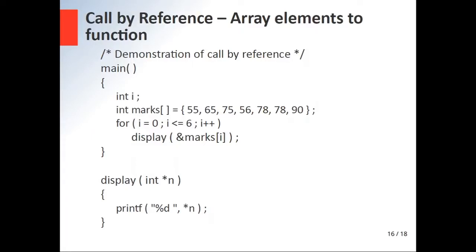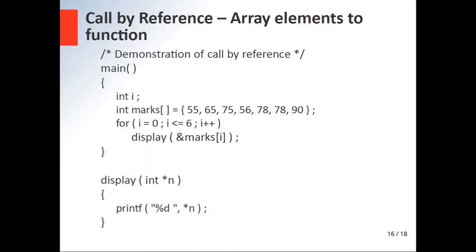If the value of i is 2, then it calls the display function with &marks[2]. So 2 is the third element in the array. That means the address of the third element in the array is passed to the display function.